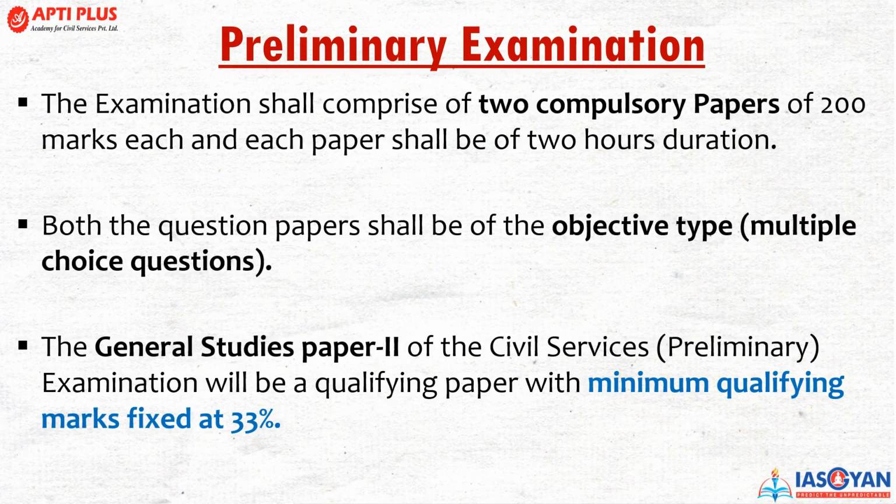Talking about the prelims stage, the examination comprises 2 compulsory papers, 200 marks each, and each paper has a 2 hour duration. Both papers are objective in nature, that is multiple choice questions. The significant part to be noted is that general studies paper 2 will be qualifying in nature, that is you have to secure only 33% of the marks.